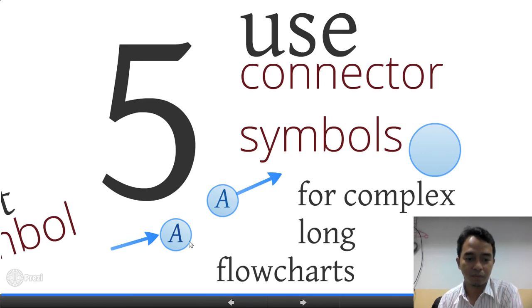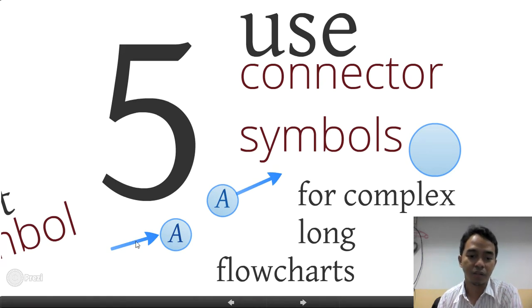This is somewhere here before the connector that has the label A. We have some symbols there, for example, and then because we want to continue to the next page, we will write a connector that looks like this, and then on the next page we will start with the connector and proceed to whatever it is that we want to draw.